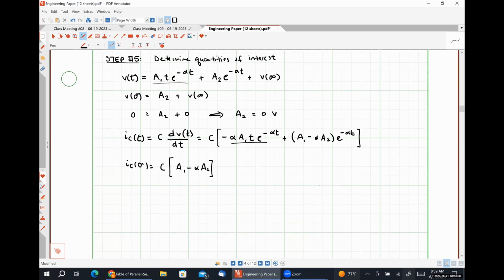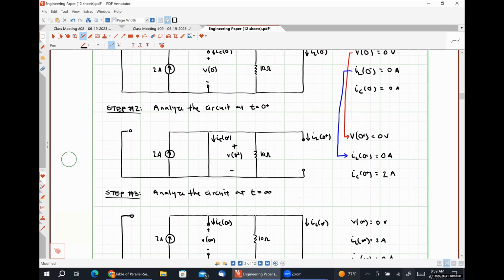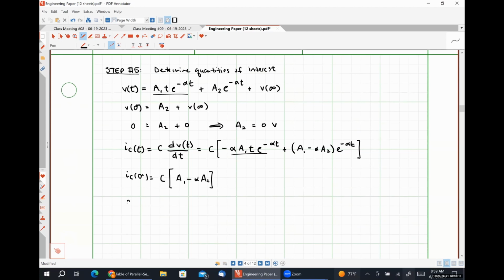So that means IC at 0 plus was 2 amps. So we're going to have 2 amps is equal to 10 millifarads times A1, which we don't yet know, minus alpha, which was 5 nepers per second, times A2, which was 0 volts.